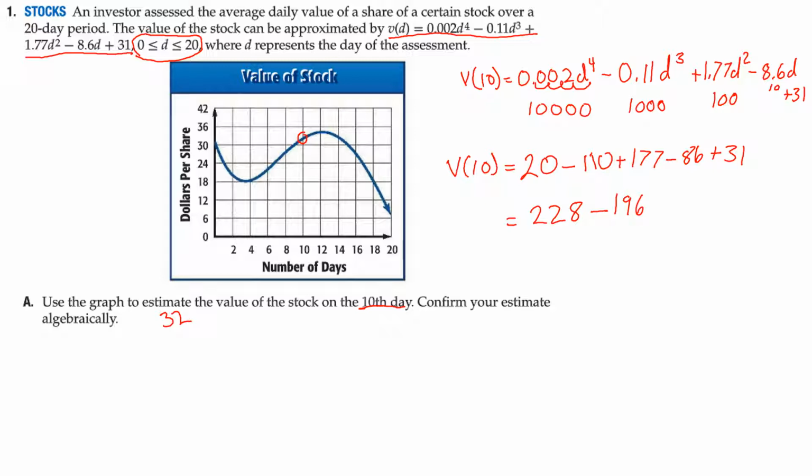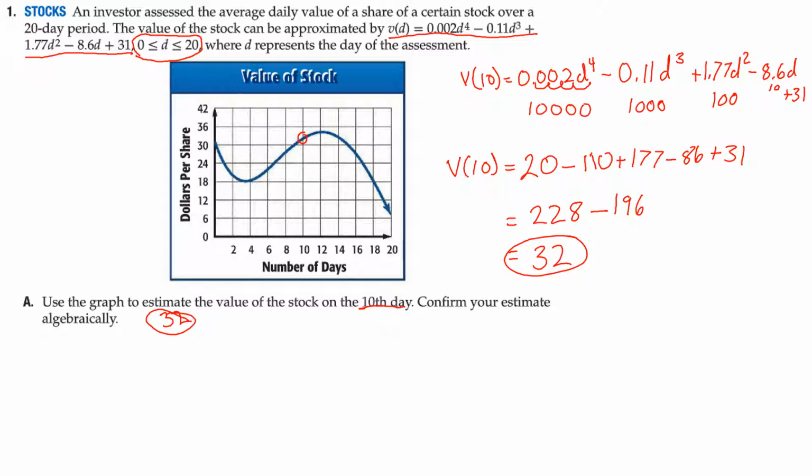Now, for me in my head, I subtract 200. This is 200 with 4 extra that had been taken away. So I need to take 200 away and then put those 4 back. So 228 minus 200 is 28. Plus 4 will give me 32. And notice my estimate was correct.